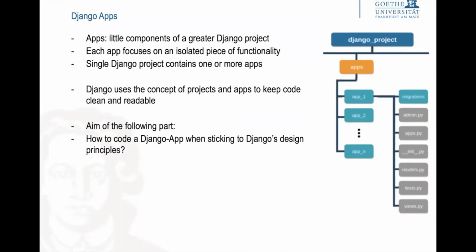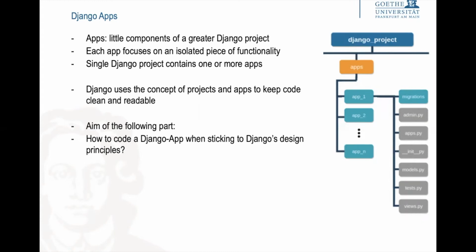And this brings us to the next section, which will be about apps. And first of all, the question arises, what is an app? It has nothing to do with an app on, for example, your mobile phone, but a Django app is a little component of a greater Django project, and each app focuses on one separate piece of functionality.